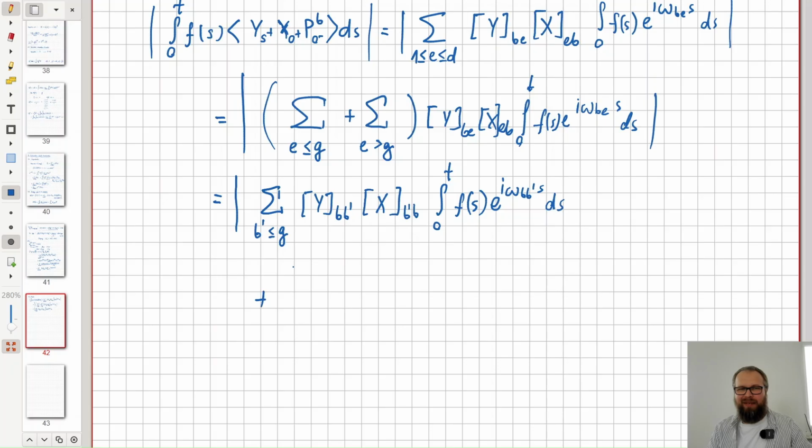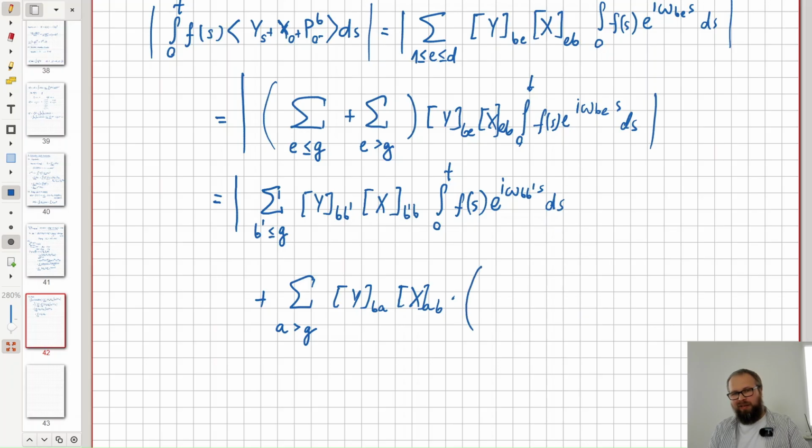And then we have a sum. So this was below, and here we have above, so A greater than the gap: Y_BA, X_AB. Here let me do a trick, because this integral I can do by integration by parts quite easily. Very simple stuff. So let's do at least one integration by parts.